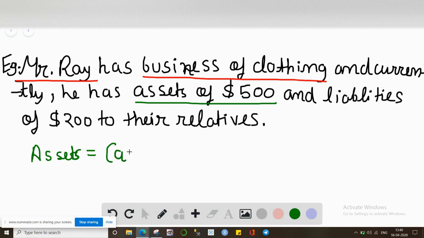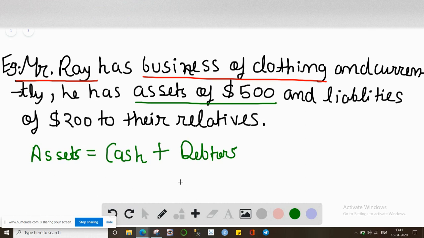So assets could be cash, which the entity is currently holding in its bank or in cash reserves, or debtors. Debtors are the persons who are likely to pay, and they are considered as assets.